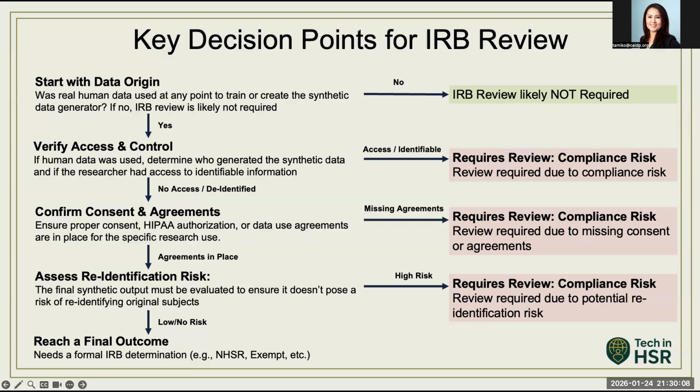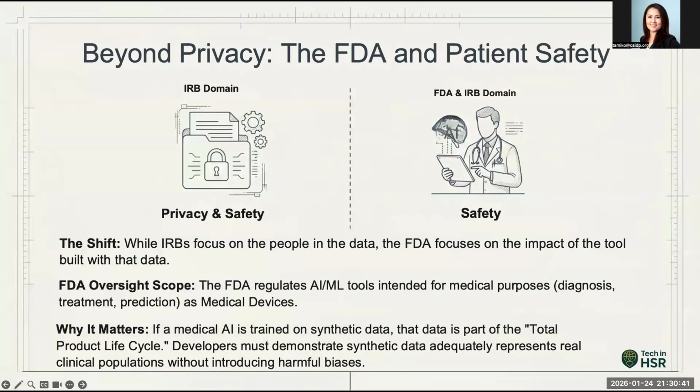And if we're using synthetic data for the creation of tools that constitute a medical device, then 21 CFR 56. So these questions align with existing regulatory frameworks, and they're going to support defensible determinations. Beyond the Common Rule, synthetic data also intersects with FDA oversight and HIPAA requirements, as you can see in this decision tree. So lots to think about. Just make sure you document all of this when you make your determinations.